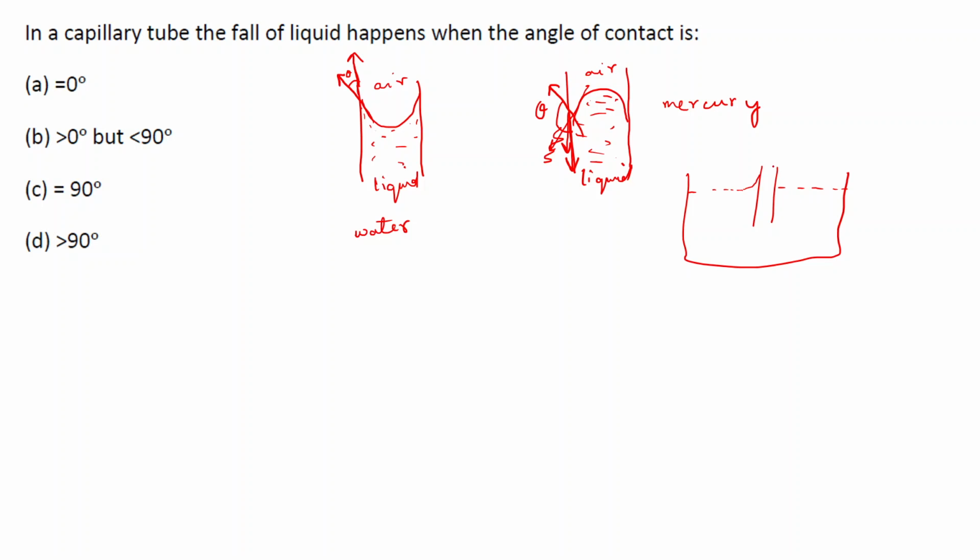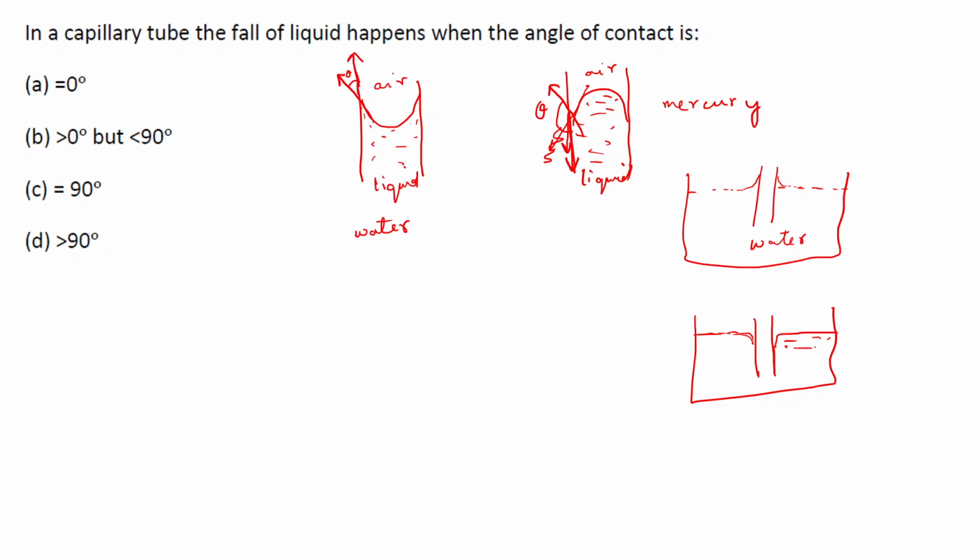If this is water and this is glass, the liquid will rise outside also, like this. But if it is mercury, and this is the capillary tube, then instead of rising, it will fall near the surface of the capillary tube.